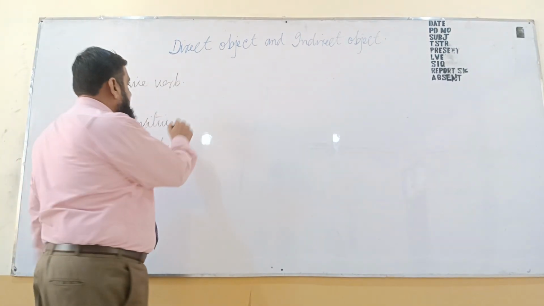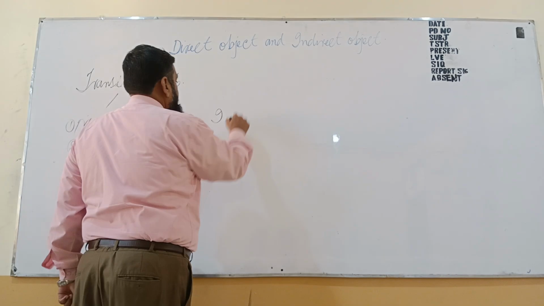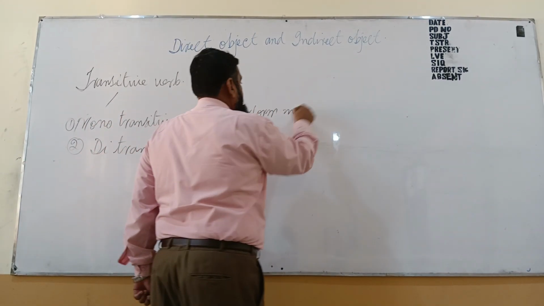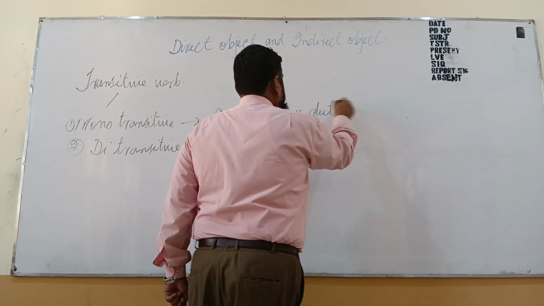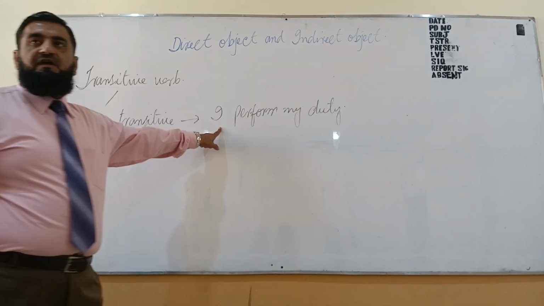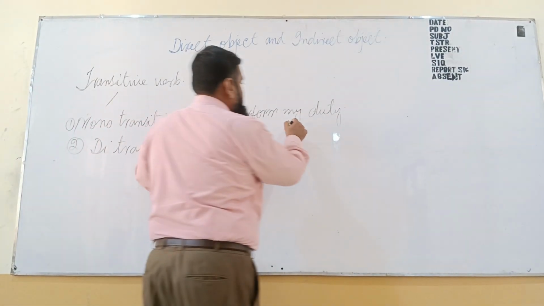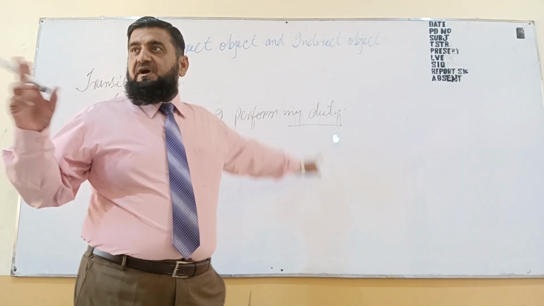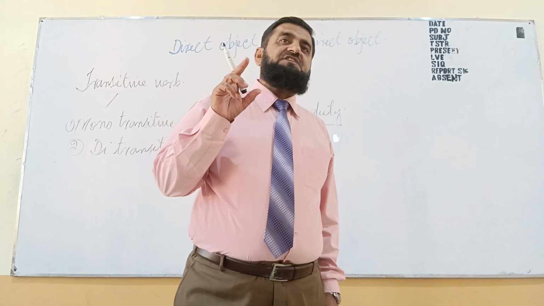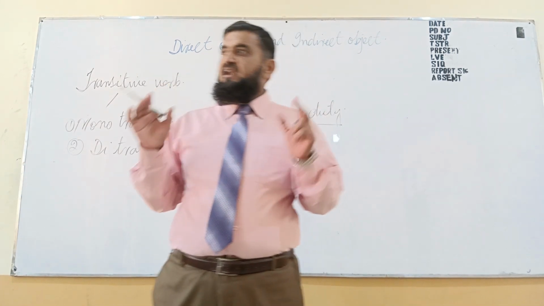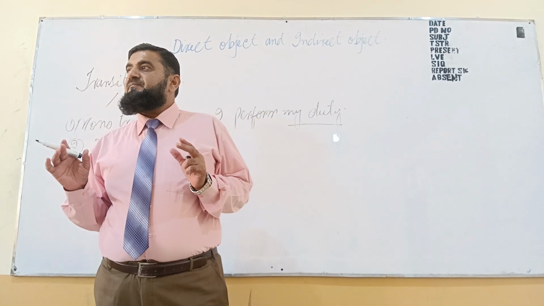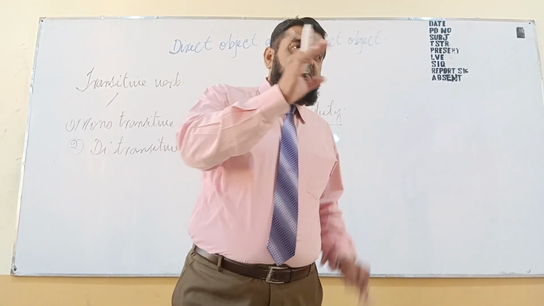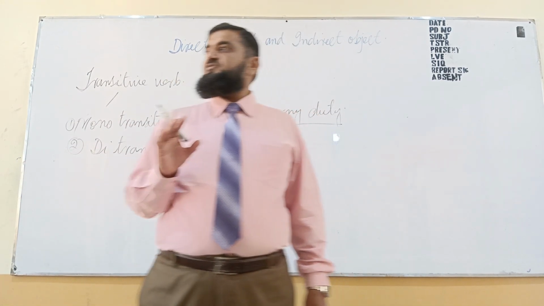For example, I perform my duty. My duty is an object, and that is a single object. Keep in mind, when there is just a single object in a sentence, that single object will be a direct one.